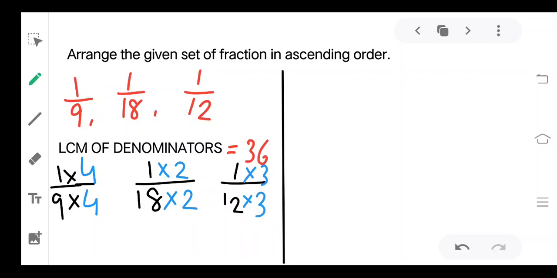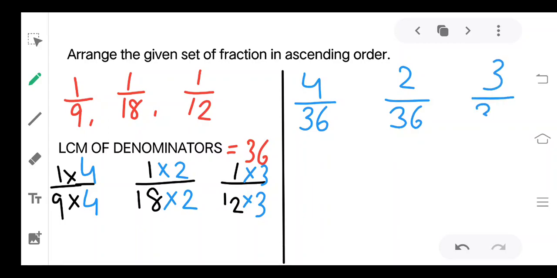Now students, you can see that 1 fours are 4, 9 fours are 36, 2 ones are 2, 18 twos are 36, and 3 ones are 3, 12 threes are 36. Now we have to compare these numbers from smaller to greater in ascending order.